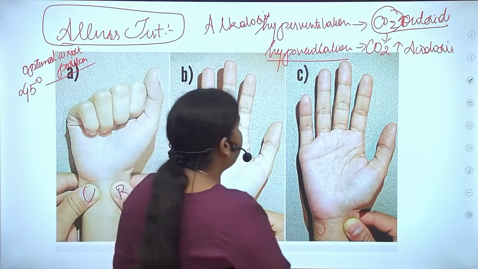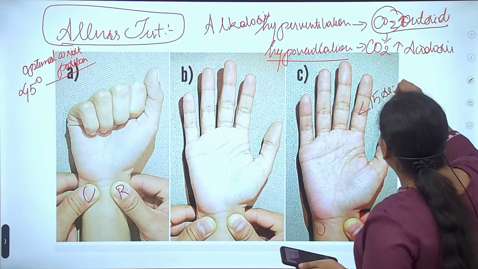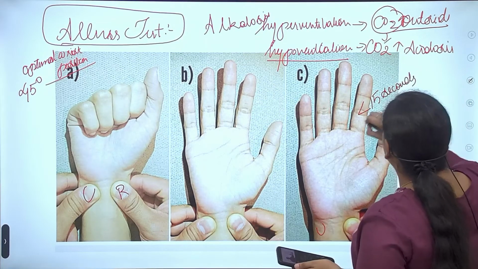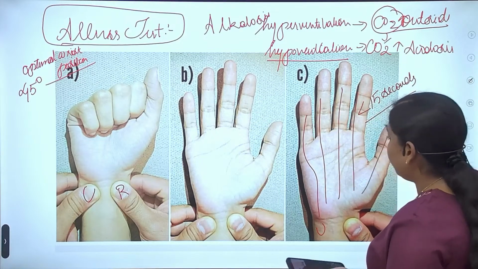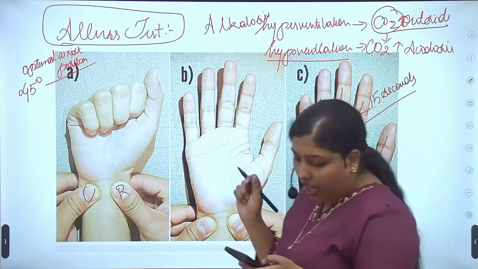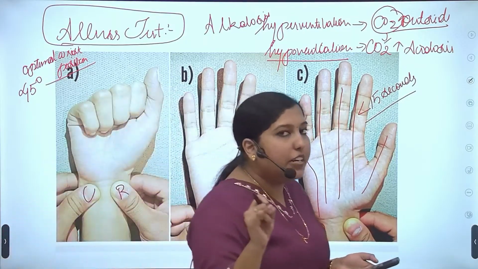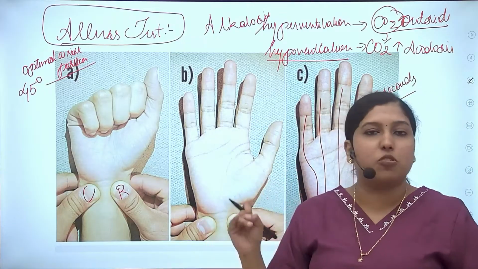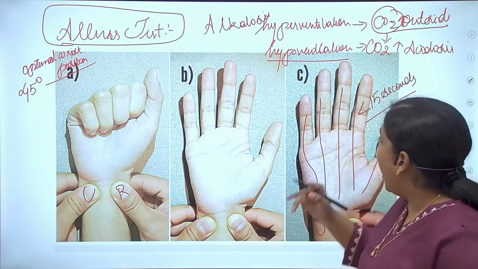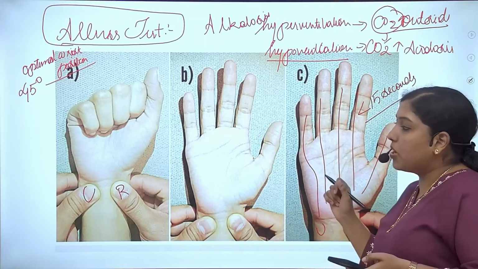And remember, this collateral circulation has to be established in less than 15 seconds. This is your Allen's test, and you have learnt two important things: 45-degree wrist extension is very important before performing any procedure through your radial artery, followed by Allen's test.